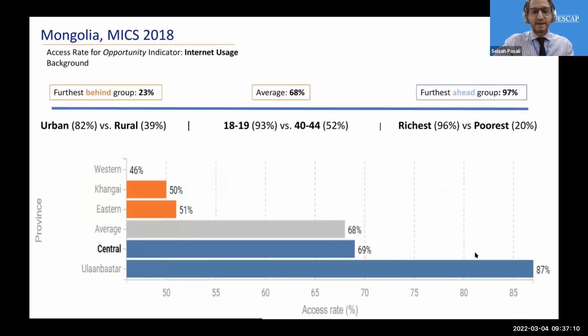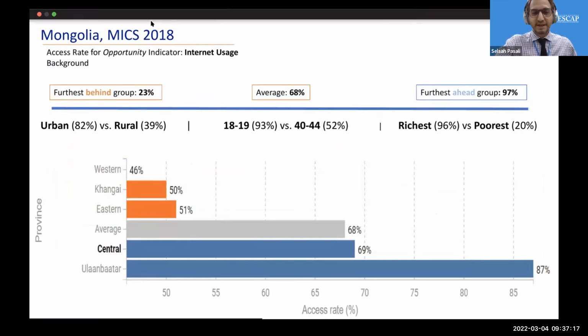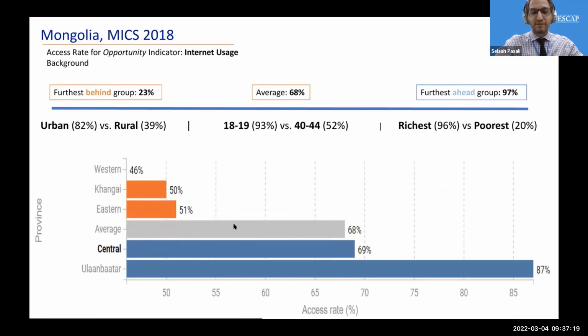Okay, so let's start with the internet usage among men and women in Mongolia. This indicator measures if individuals used the internet in the past 3 months. We bombarded you yesterday with lots of graphs. So I'm not sure if you remember, but as of 2018 in Mongolia, on average, 68% of people, men and women together, aged 15 to 49, used the internet during the past 3 months.